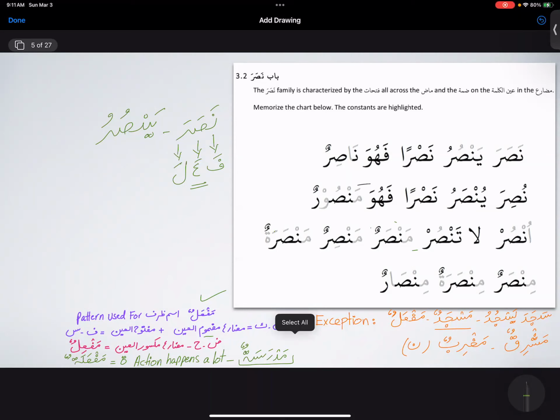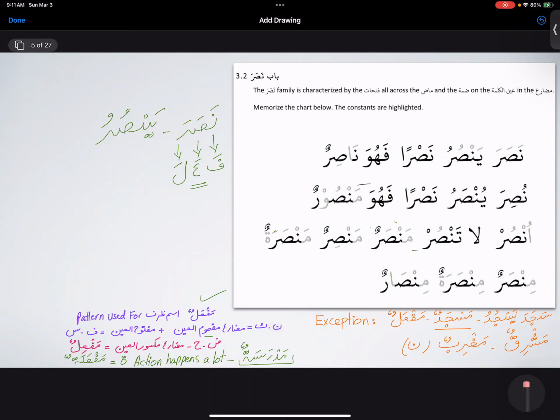Okay. So now fa'ala, when we are turning that into bab nasara, we get yansuru, which is yaf'ulu, right? Now the root letter, the ayn kalima in yansuru, where is my ayn kalima in yansuru?